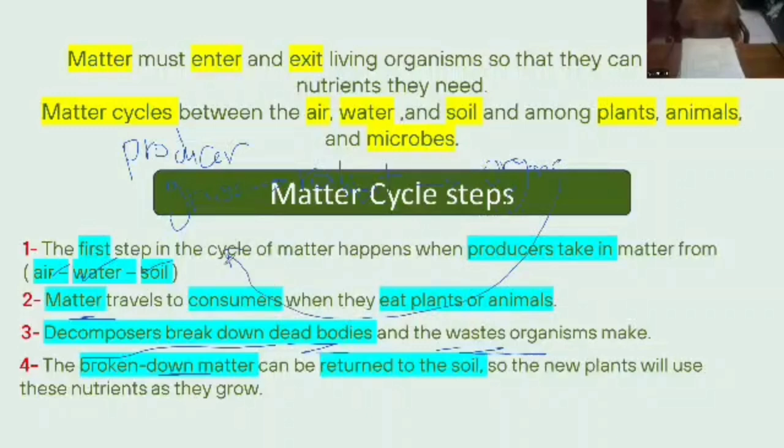You see the cycle, Yasmina? You see the movement and how it repeats. It's called a cycle because we start with the producer, then the consumer, and end with the decomposer.